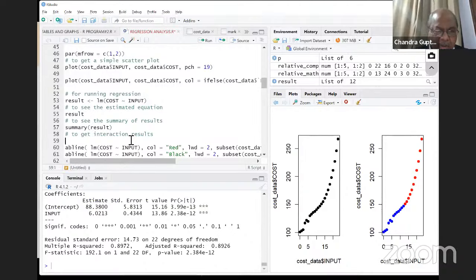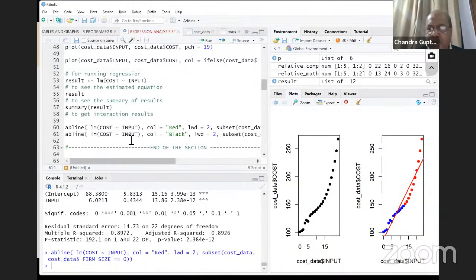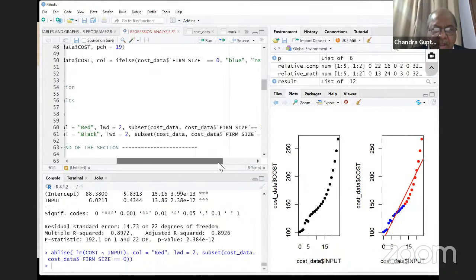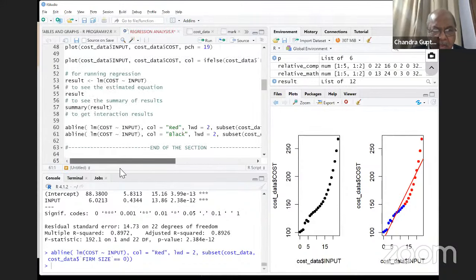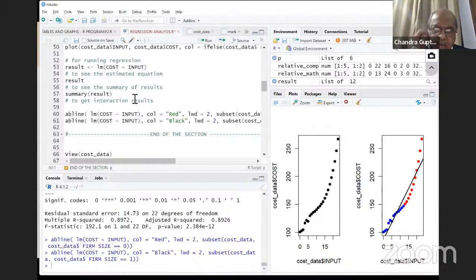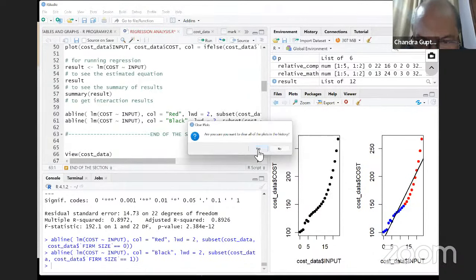And you can put the line. And I fit the line when this firm size is 0, and if the firm size is 1, the line will be like this. So not much difference between the behavior of the, I think, let me delete it.